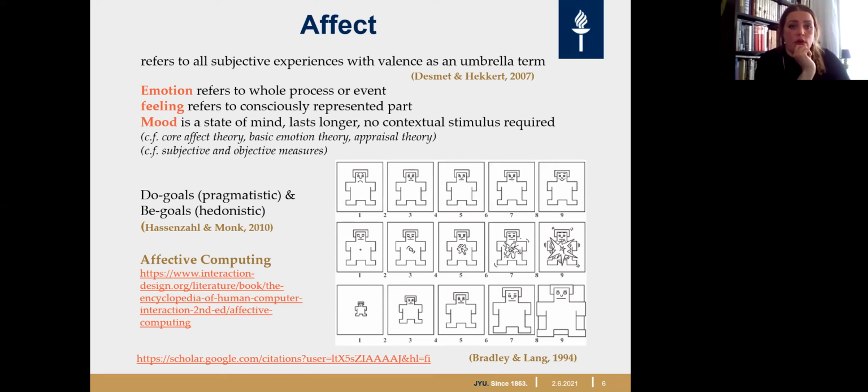And core affect theory is based on the circumplex of emotion. It depicts affect in terms of valence, dominance, and arousal. Here we have this kind of image by Bradley and Lang. It's the SAM method, which is based on the core affect theory. And core affect theory is usually cited as, that is mostly advanced by, Russell.